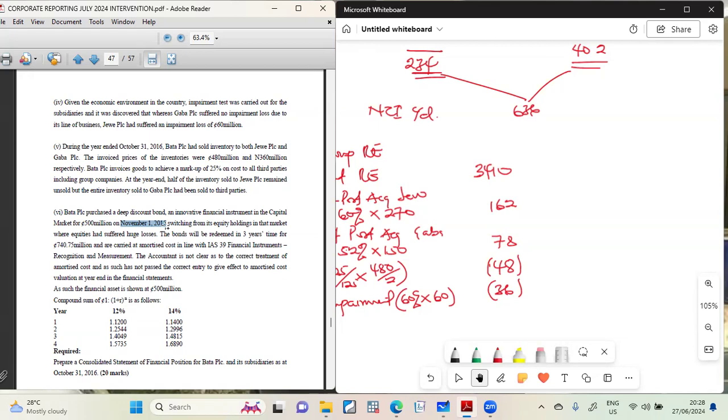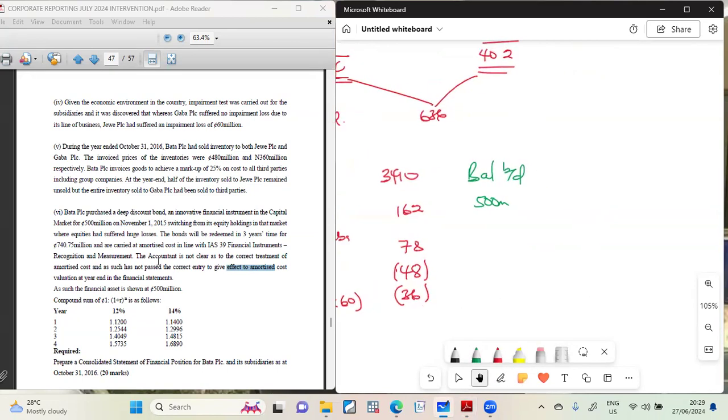The question said we are supposed to use amortized cost. If you remember your IFRS 9, amortized cost starts with the balance brought down, which here we know is 500. Then you bring in your finance gain. They purchased it, so this is a financial asset, and the question said that is why the financial asset is showing 500 million. So the correct treatment hasn't been done yet.